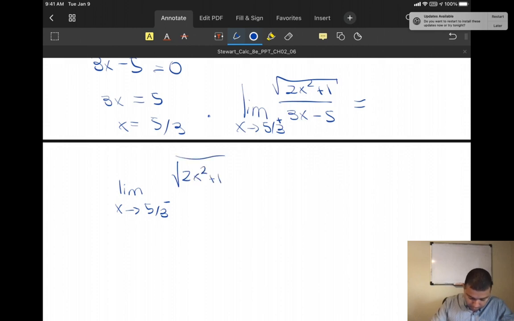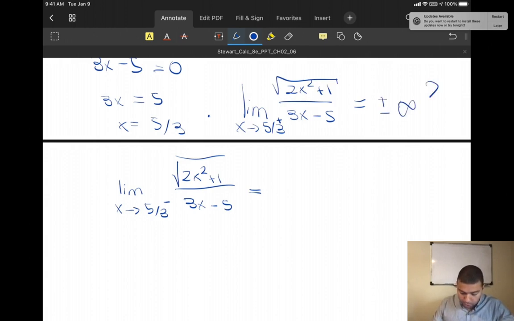So you have to look at these two. If one of them is either plus infinity or minus infinity, meaning the value of f of x gets larger and larger, either positive or negative, as x gets closer and closer to 5/3, then this is a vertical asymptote. So this limit is just to confirm.